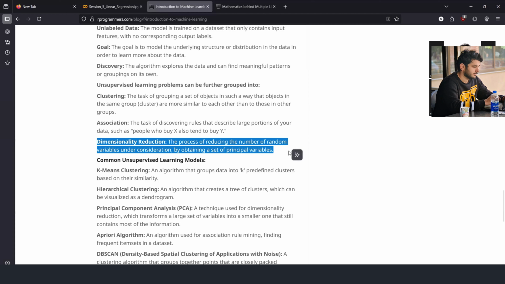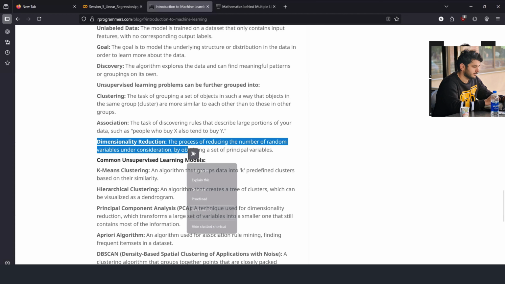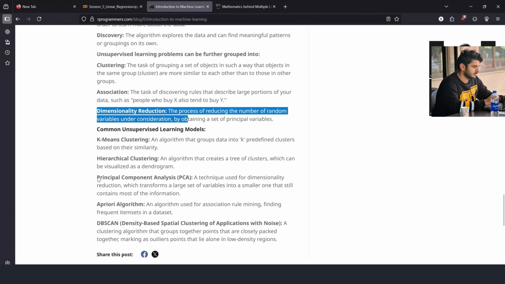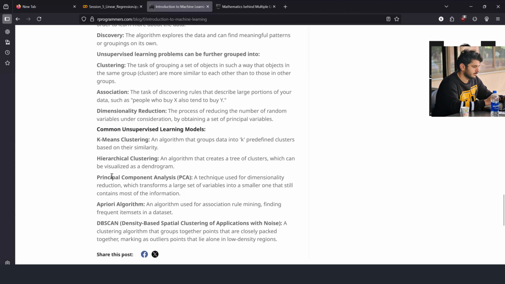We reduce the number of columns from 10,000 to three or four columns, and these columns also contain the effect of all those columns. That's what we call dimensionality reduction. For this we have algorithms like principal component analysis or linear discriminant analysis, LDA. We will discuss them when we are working on them.